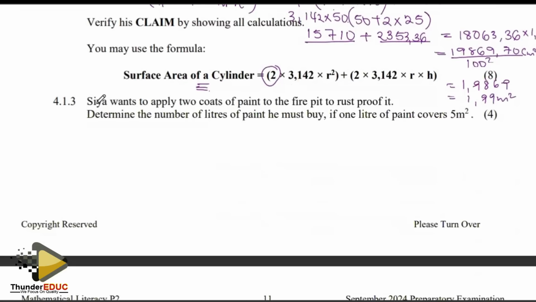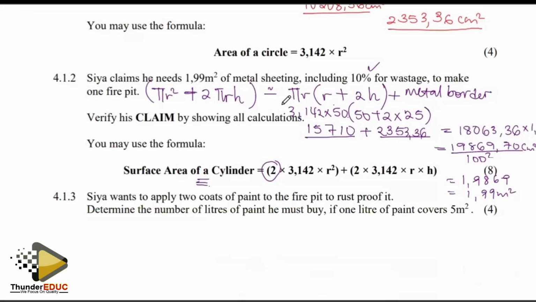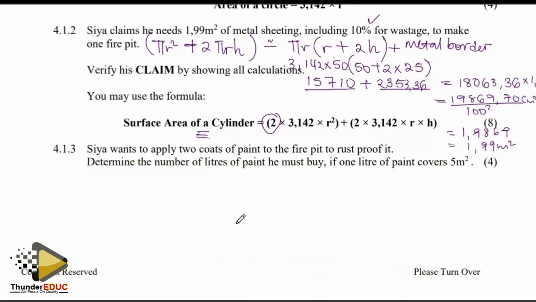4.1.3. Sia wants to apply 2 coats of paint to the fire pit to rust-proof it. Determine the number of liters of paint he must buy if 1 liter covers 5 meters squared.